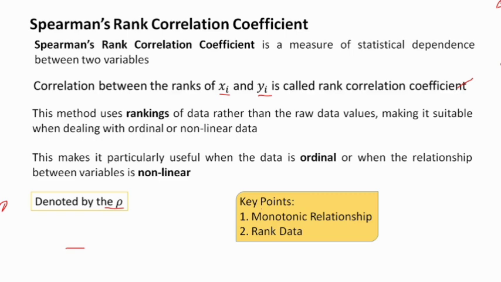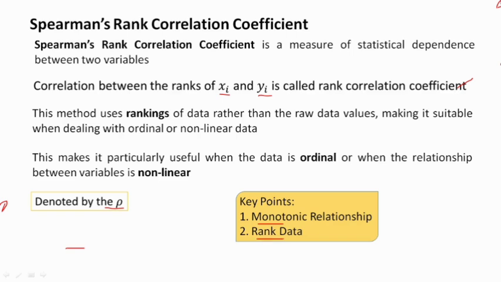The key points that we should remember about Spearman's rank correlation coefficient are, first, the monotonic relationship. A monotonic relationship is one where, as one variable increases, the other variable either consistently increases or consistently decreases, but not necessarily at a constant rate. The next key point is the rank data.